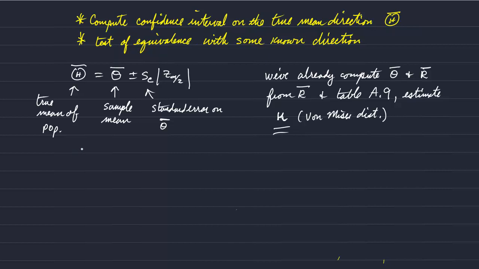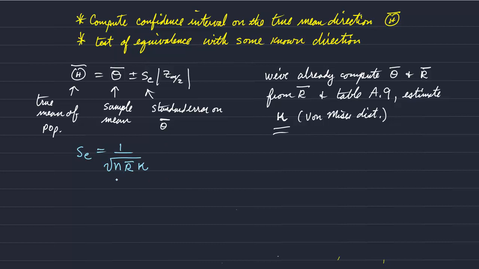And so it turns out that the standard error on the sample mean is equal to 1 over the square root of n. We see that term again as we have before, times the length of the normalized resultant vector times the concentration parameter.